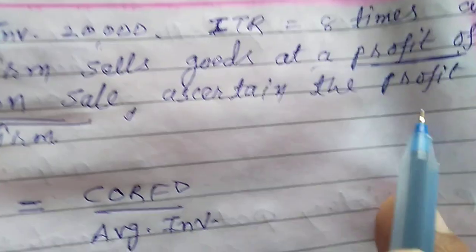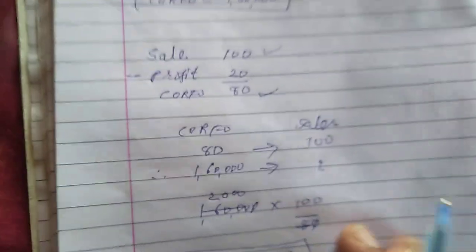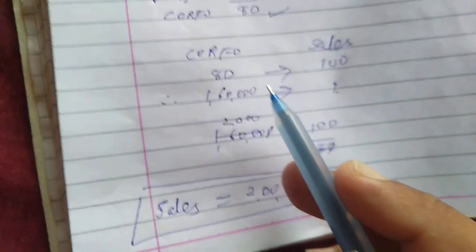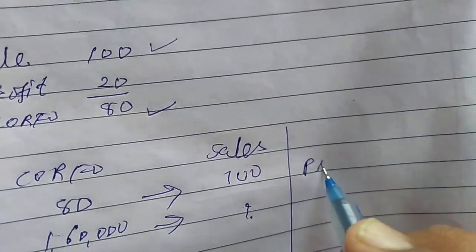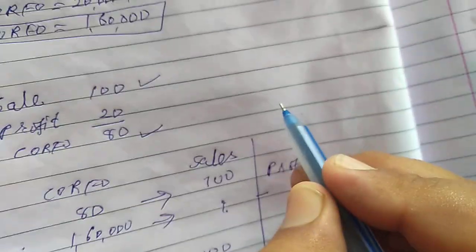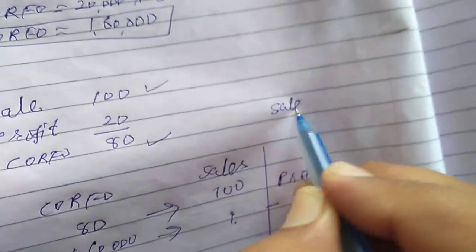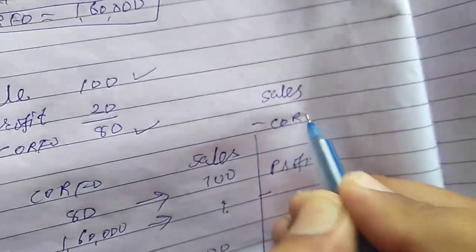Now what we have to find? Profit. We have both the things, sales and cost of revenue from operation. So profit is equal to sales minus cost of revenue from operation.